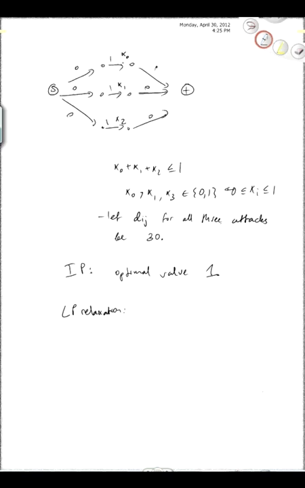What that's going to do is increase the distance of each of these three edges from 1 to 11. I got 11 by saying, well, 1/3 times this 30 gives me 10, plus the original distance of 1 gives me 11. So the LP relaxation's optimal value is going to be 11.